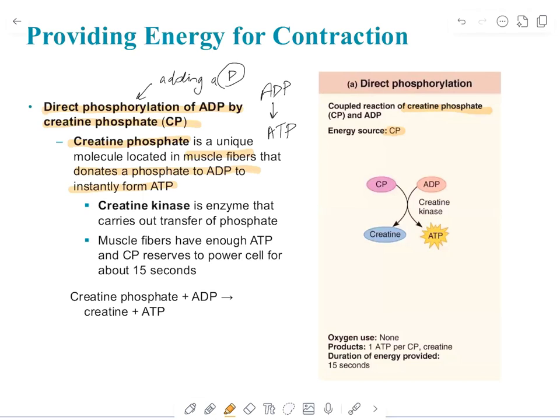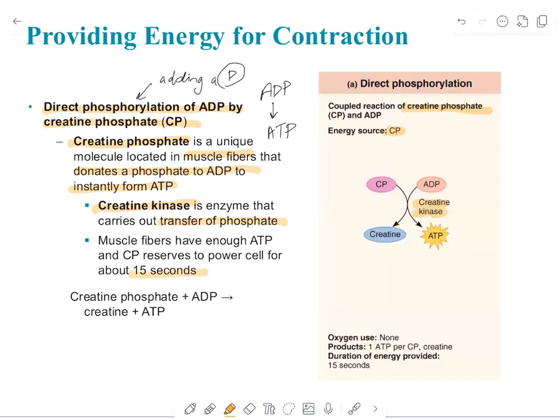The enzyme here is called creatine kinase, and it carries out this transfer of the phosphate. The muscle fibers do have enough ATP and creatine phosphate reserves for 15 seconds. So there's 4 to 6 initial seconds, but after that, for 15 seconds, we need creatine phosphate.